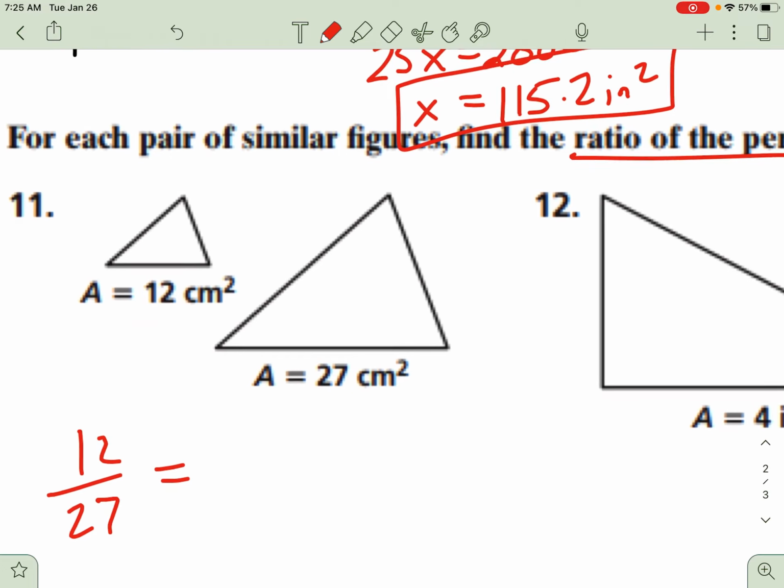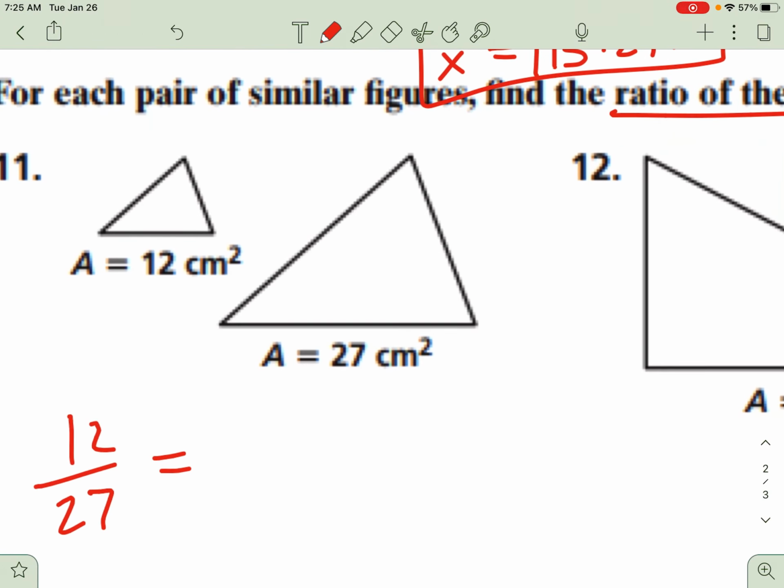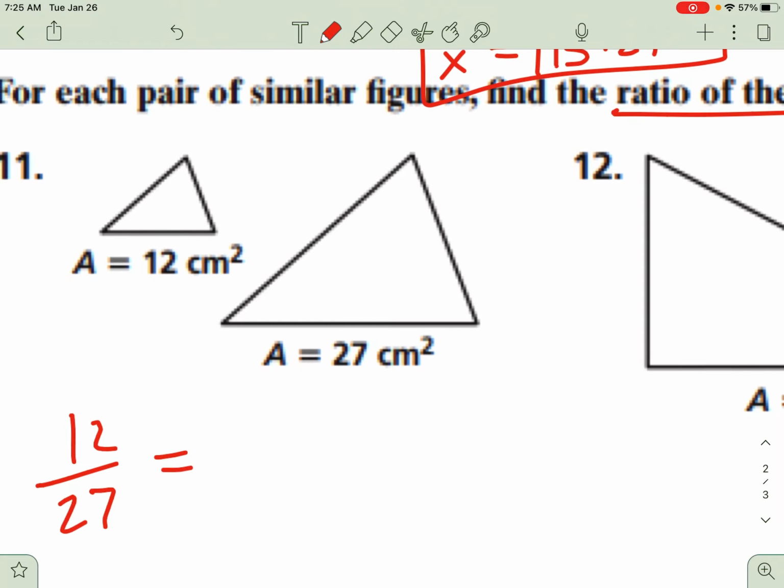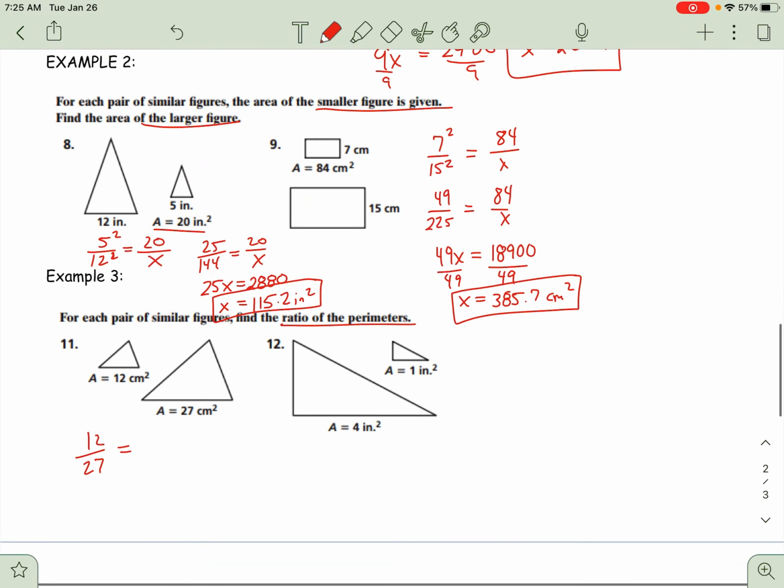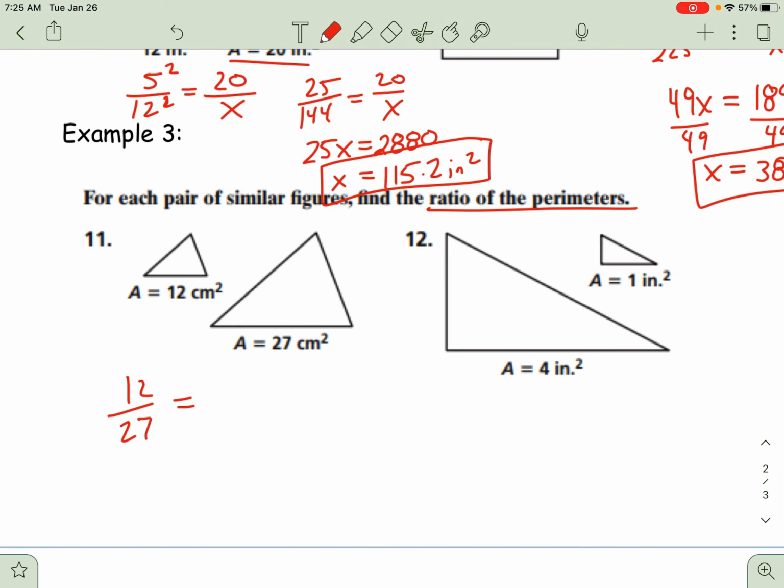So this is going to be 12/27, because that's already the area, equals, let's see, you got to find the ratio of the perimeters. Well, what do they have in common? Well, let's just simplify it.